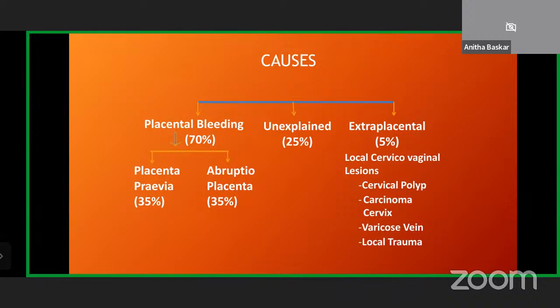Placental bleeding accounts for 70% of APH. Both placenta previa and abruptio placentae share an equal incidence, 35% each, and unexplained is 25%. Extraplacental causes, which are more common nowadays, are due to cervical polyp, carcinoma of cervix, and varicose veins.